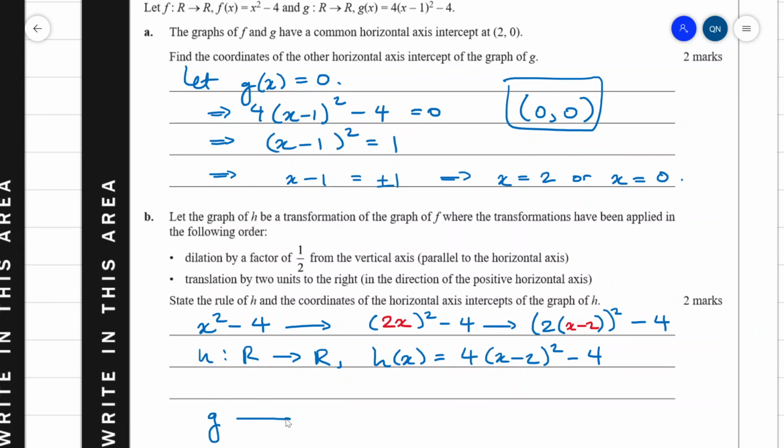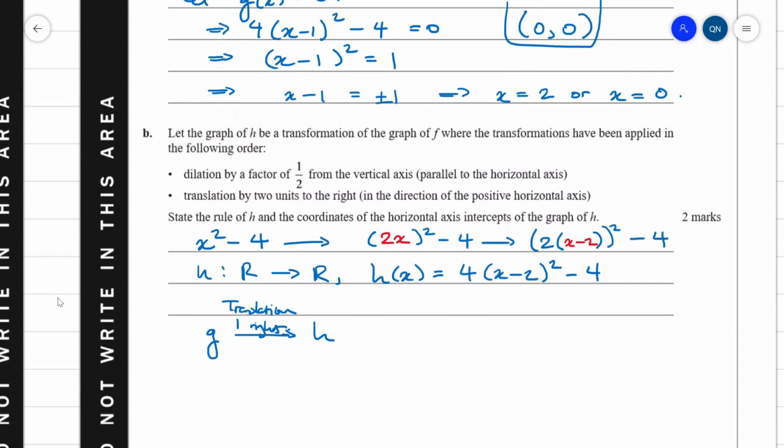To get from g to h over here is a translation by 1 unit right. The x-intercepts of g were (0, 0) and (2, 0), so the x-intercepts of h are going to be (1, 0) and (3, 0), because you're just translating things 1 unit to the right.